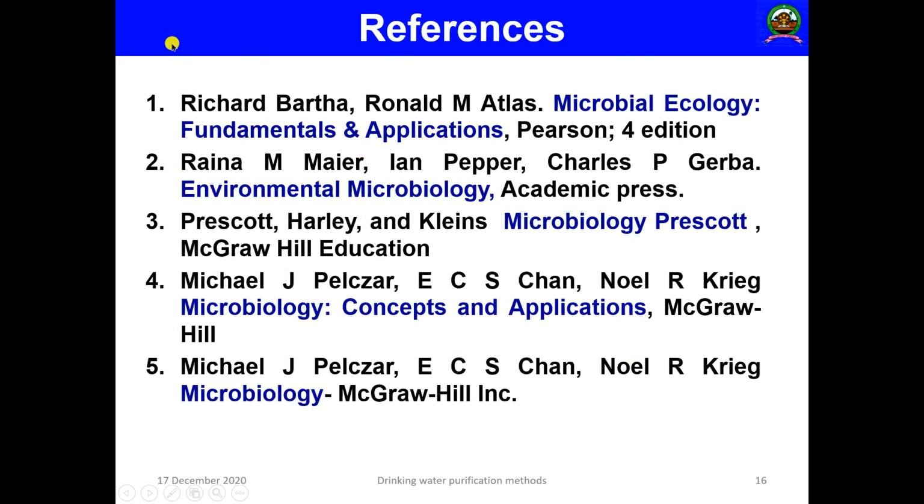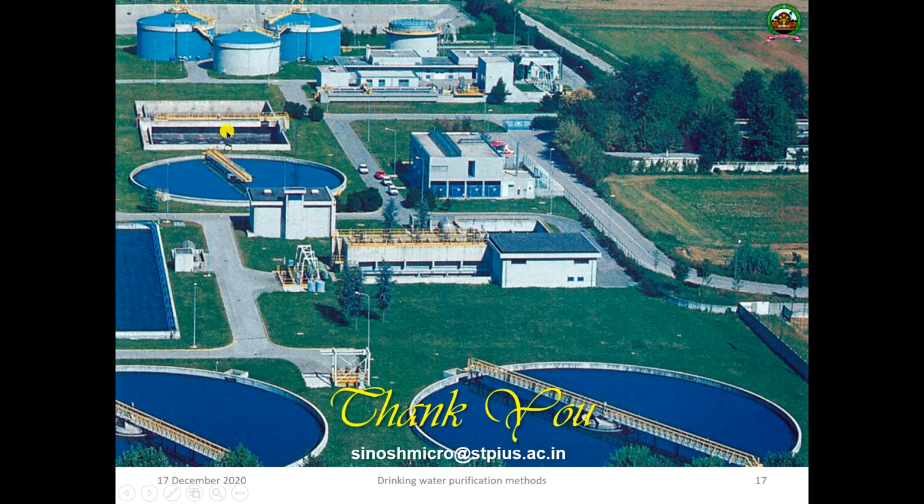You can use any microbiology textbook or biology textbook for finding out the information about the steps. This is a beautiful photograph of whatever I have been telling. It's a big process. You can see a photograph of a water treatment facility, especially a drinking water treatment facility. So many tanks are there.